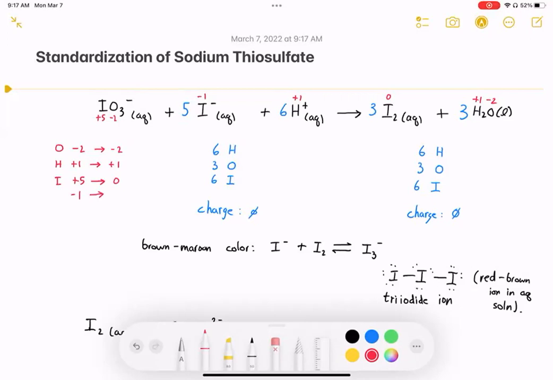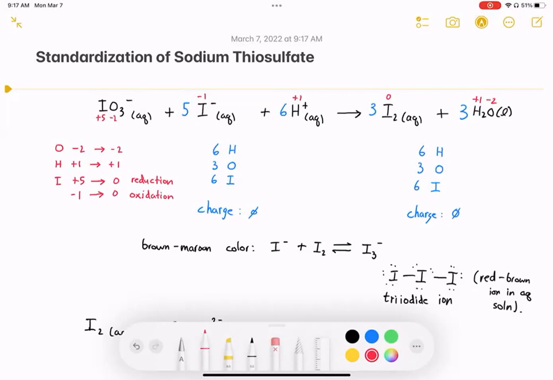So this is where my oxidation is happening. So this is oxidation, and here's my reduction reaction. So this is a redox reaction.